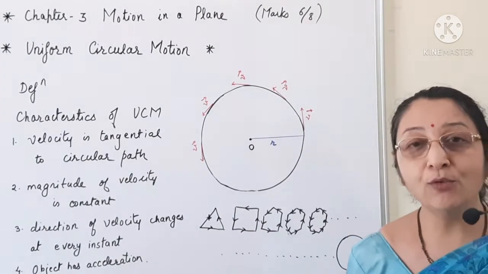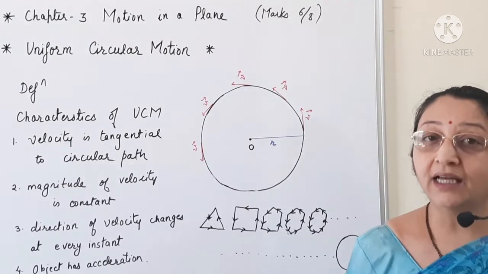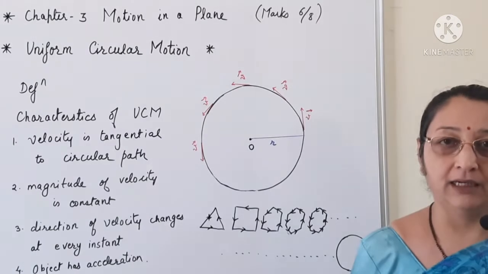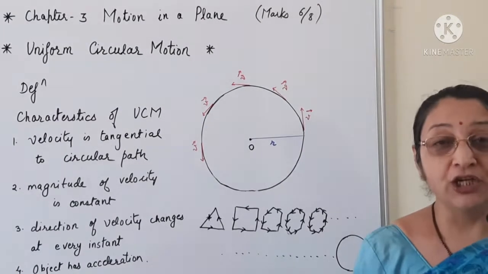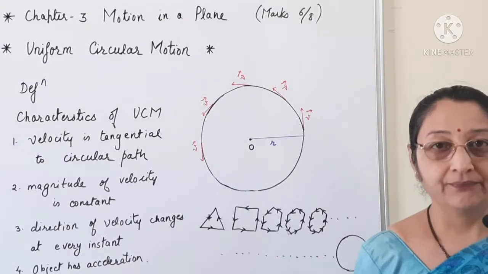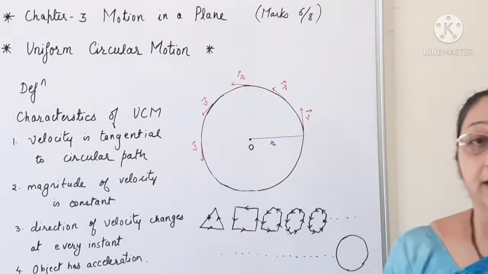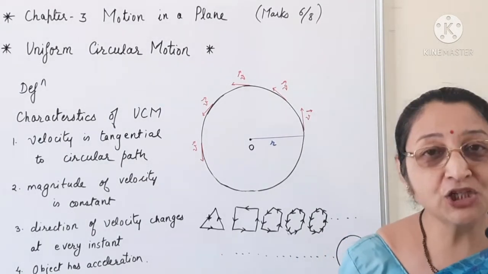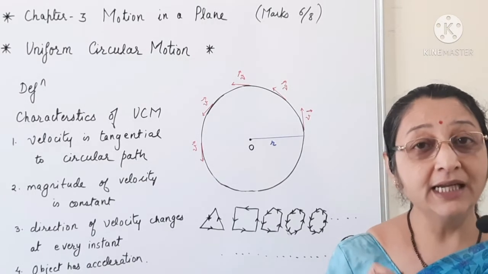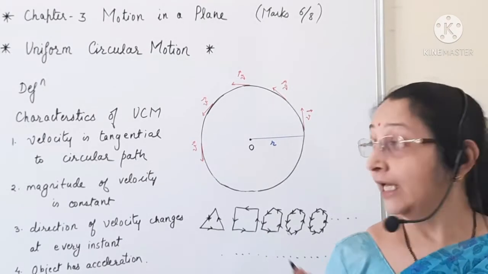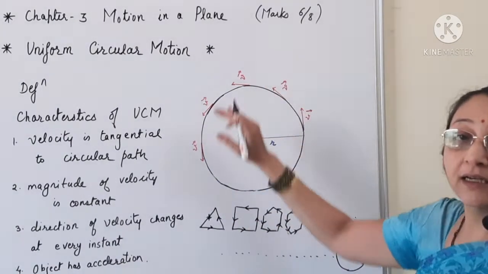The circular motion is a motion where the particle is moving in a straight line, but at every instant it is changing its direction. So we say the circular motion is a special case of linear motion where the particle is moving in a straight line. Now here this particle is moving in a circle.